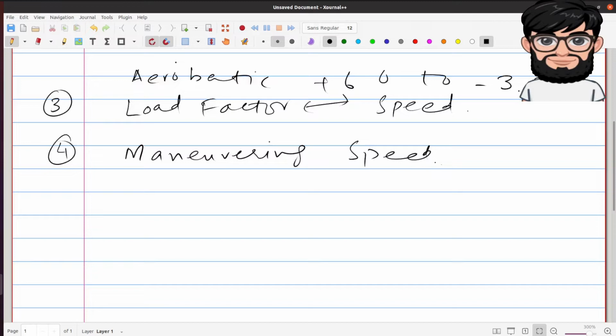Again, the maximum speed at which the limit load can be imposed without causing structural damage is called the maneuvering speed. And just so that you know, all the maneuvers are normally done at the maneuvering speed, again depending on what maneuver you're going to be doing.